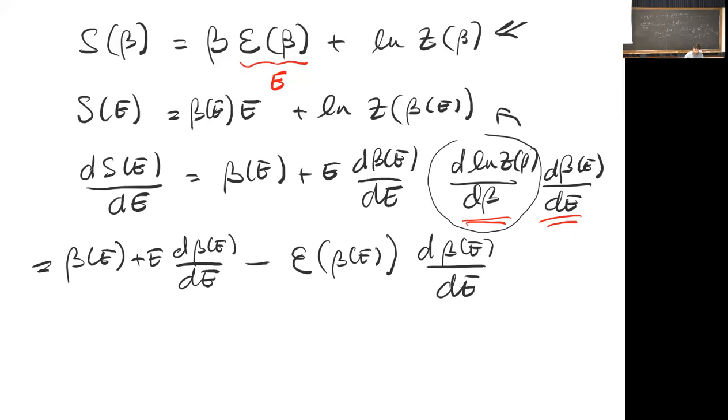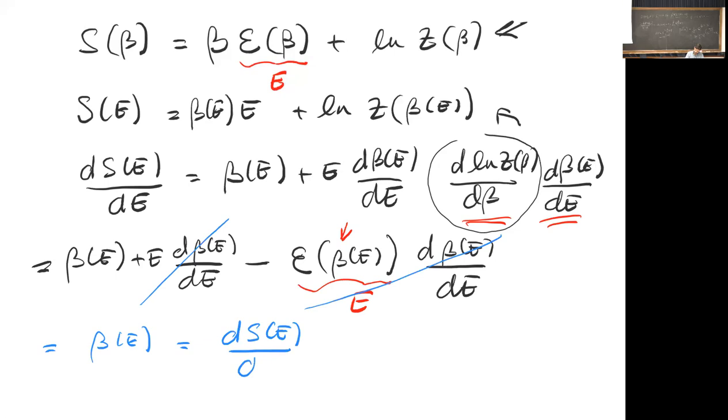And this internal energy is fixed to be E because we have fixed the value beta to the proper function so that this object is equal to E. So these two things cancel. I obtain beta of E. So I have shown that indeed dS of E over dE is indeed the inverse temperature.